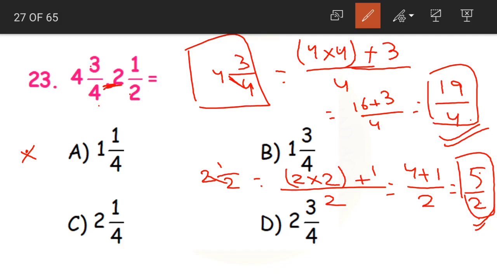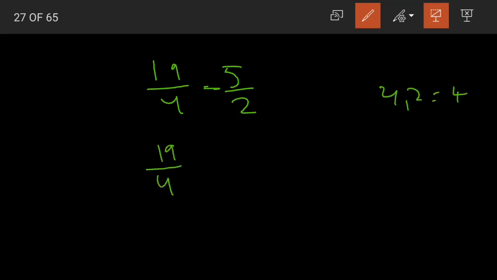Now what are the fractions we have? 19 by 4 and 5 by 2. 19 by 4 minus 5 by 2. Yes, it's not a dot, it's subtraction. How do we subtract? LCM of 4 and 2 is equal to 4. So 19 by 4 as it is. Now what should we multiply 2 with? 2 2s are 4.